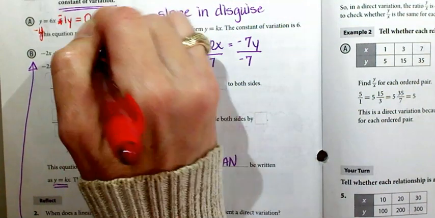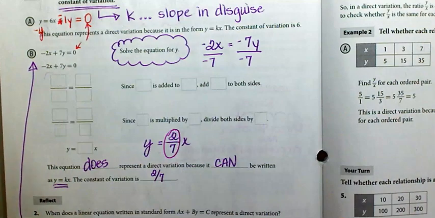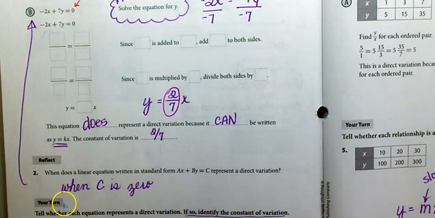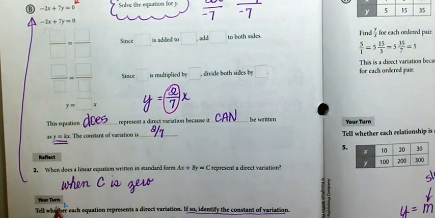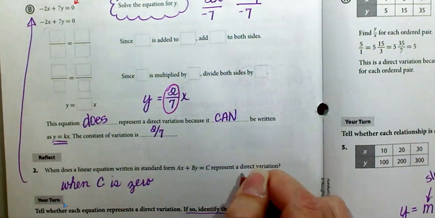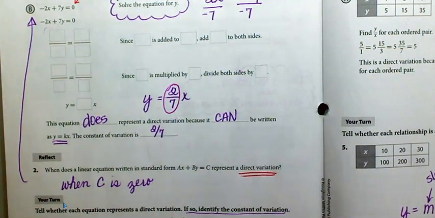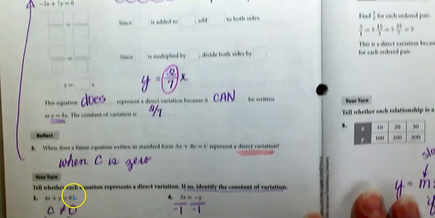Here's the key. If you write an equation in standard form and c is 0, then the equation written in standard form is direct variation, okay? C's got to be 0. If c isn't 0, then you're going to have a y-intercept of something other than 0, and it's not direct variation.